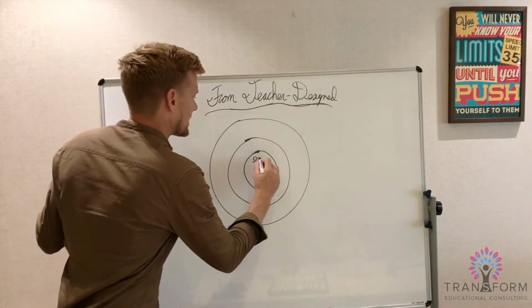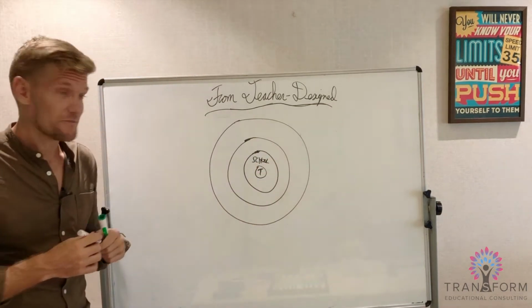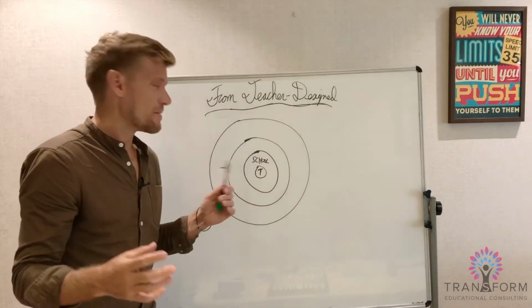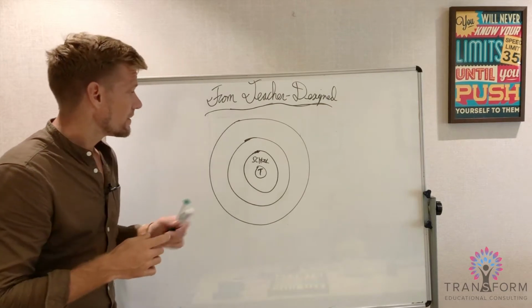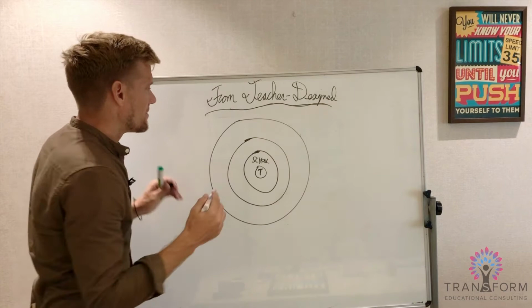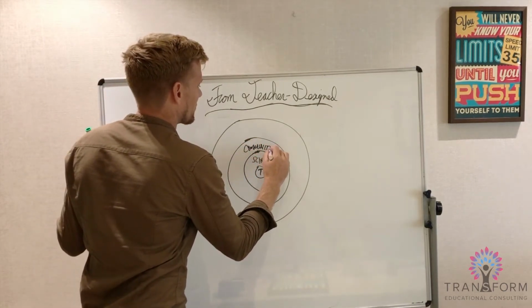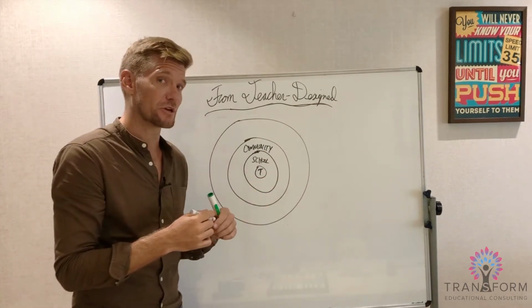And then you have outside here, here's the school that they're teaching in. So you have the school, they're usually planning in isolation. They might coordinate a little bit with the school, maybe another teacher in the department that they're at, but probably not on a whole school-wide level. Then you have here the community, and chances are they're probably not making too much connections from what they're doing to the community.